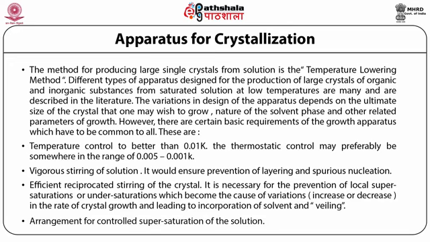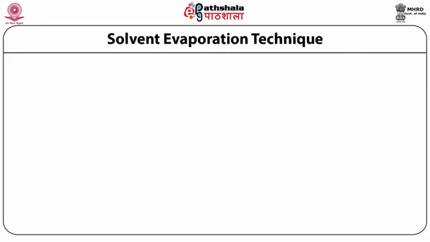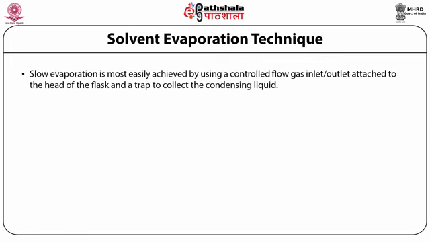Then arrangement for controlled supersaturation of the solution. We shall describe solvent evaporation technique. Slow evaporation is most easily achieved by using a controlled flow gas inlet, oblique outlet attached to the head of the flask and a trap to collect the condensing liquid.